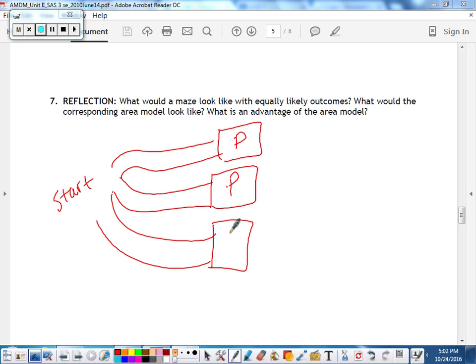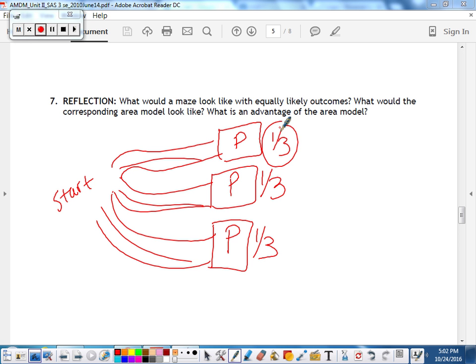These would all have pumpkins and they only have one way to go. So you have 1/3 chance of getting to here, 1/3 chance getting here, 1/3 chance getting there. Okay. Now create one that's a little more complicated than that, where you end up with fractions that look like this. All fractions the same for every single path. Okay.